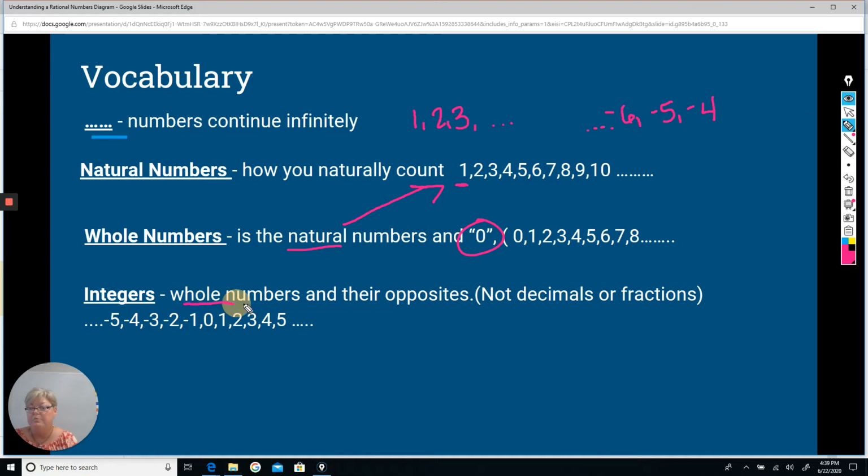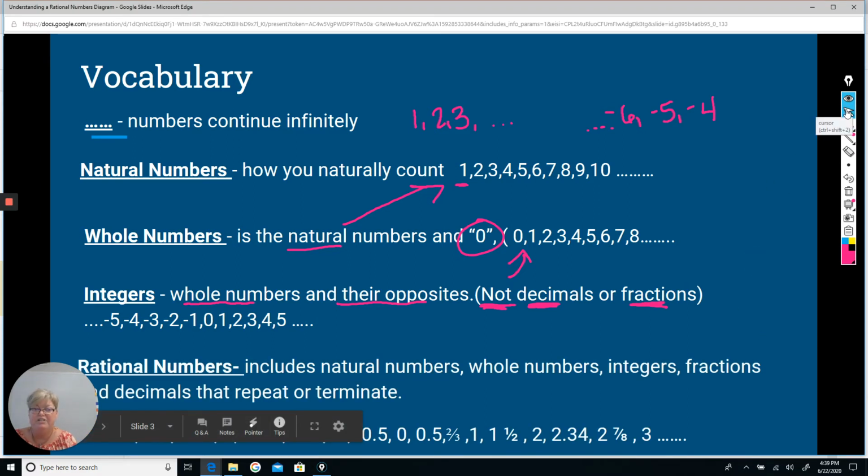Integers are whole numbers and their opposites. So integers are all of these numbers plus their opposites. So it's 0 and 1, 2, 3, 4, 5, and it keeps going, but it's also the opposite: -1, -2, -3, and so forth. Make sure you pay attention that these are whole numbers and their opposites.